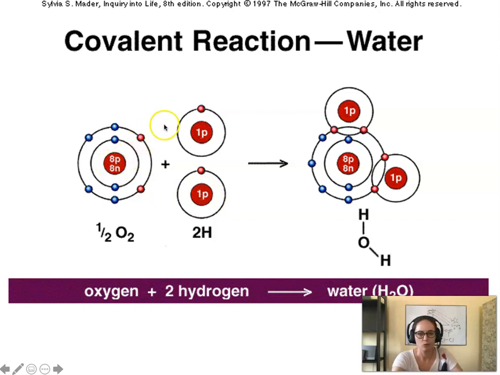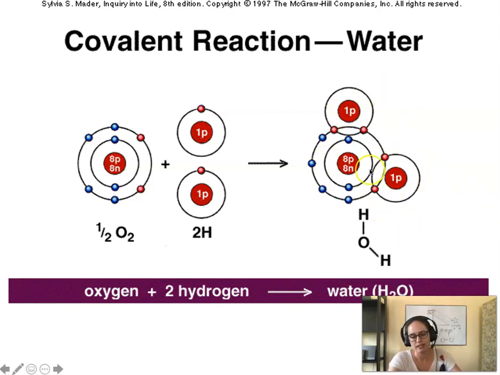We'll have one line connecting these two, one line connecting these two as our chemical symbol for this molecule. But what we're going to find is that now that this has effectively achieved an octet, it's going to be very negative. Our electron cloud is going to want to hang out closer to the oxygen side of this molecule.